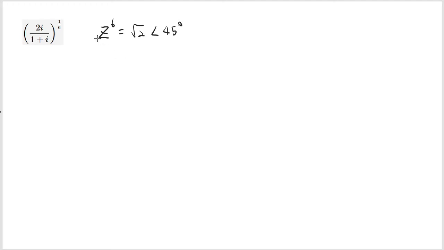After you make this number into polar form, which you should always do, you rewrite z as r angle theta, because then we can make use of the fact that z to the sixth power has the magnitude raised to the same exponent, but the angle gets multiplied by that number.